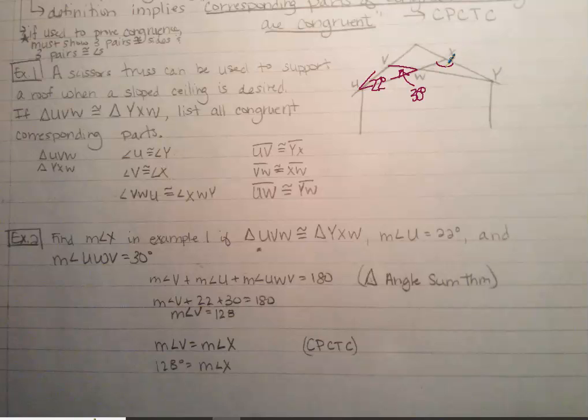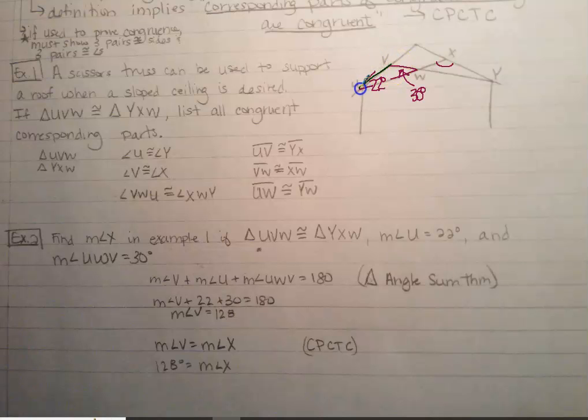Okay. What if I said we could take the measure of angle V, which we don't know, and the measure of angle U, and the measure of angle UWV, which we do know, and those would equal 180. Right, so let's look at this for a second.